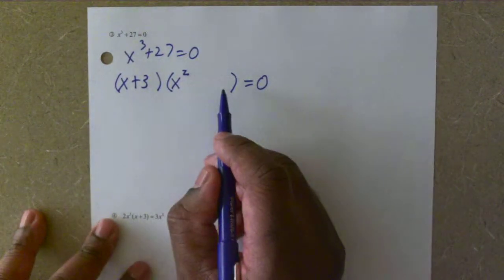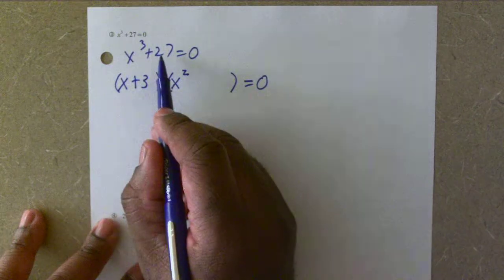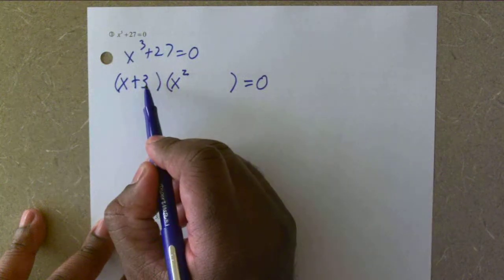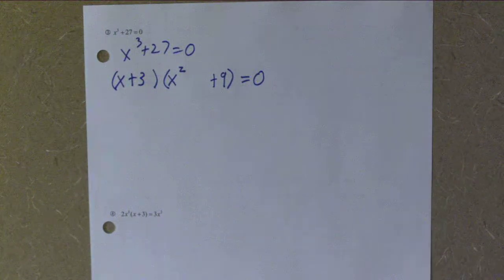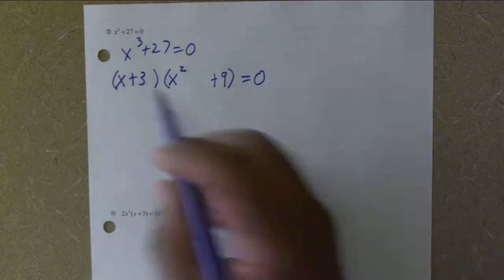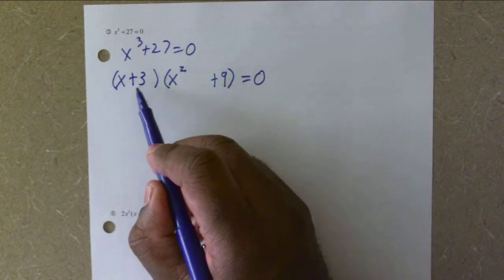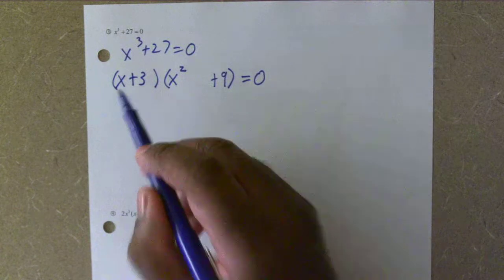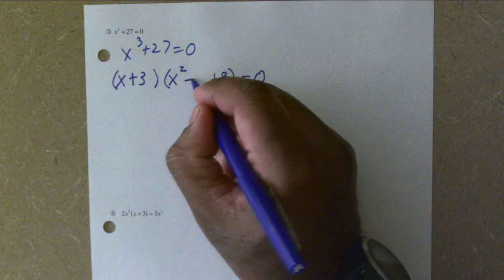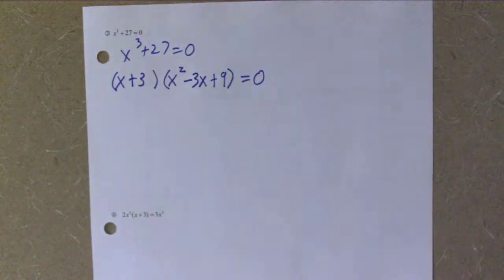And then to get the last term, you would take positive 27 divided by positive 3, which would give you positive 9. Now to get the middle term, you'll look at this first parenthesis and multiply both terms by each other. 3 times x is 3x, and take its opposite. So it'll be a minus 3x.